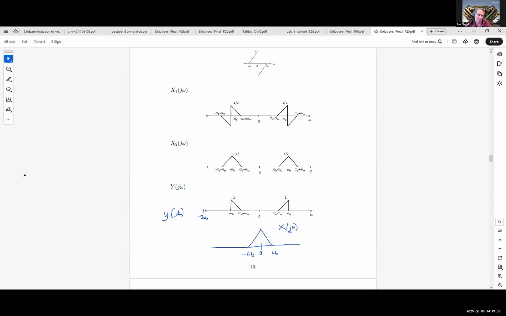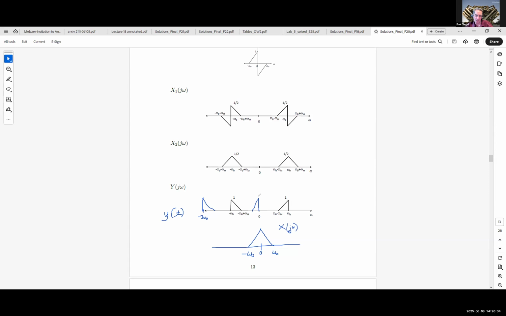If we multiply by cosine of omega naught t, what we know happens is that we get a copy of this whole thing shifted to the left by omega naught. So this is going to end up giving us that. That's the shifting to the left. But we also know that we're going to get a shift of it to the right.